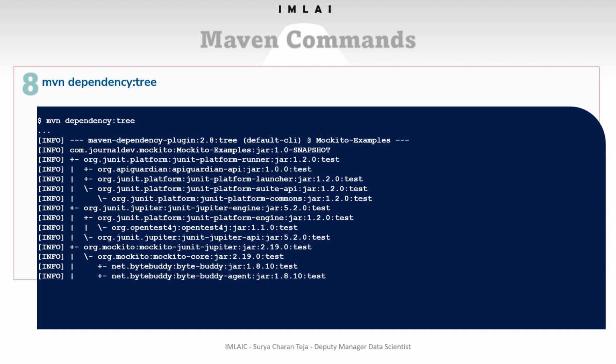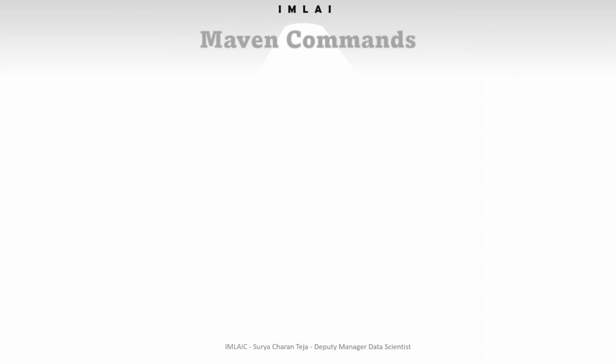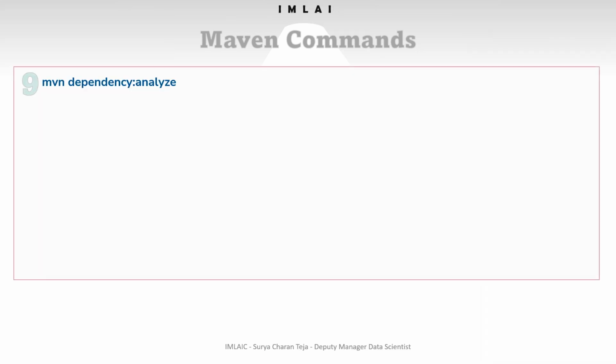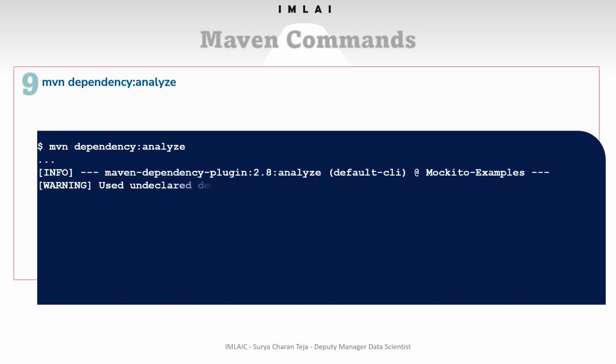All the dependencies will be put as a tree diagram. We will test this command too. Then we have mvn dependency:analyze. This command analyzes the Maven project to identify unused declared and used undeclared dependencies. It's useful in reducing the build size by identifying the unused dependencies and removing them from the pom.xml.